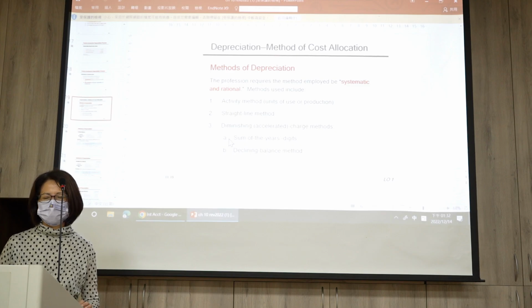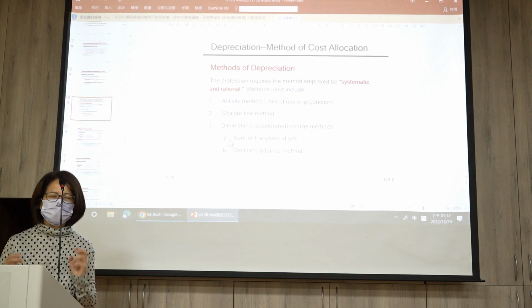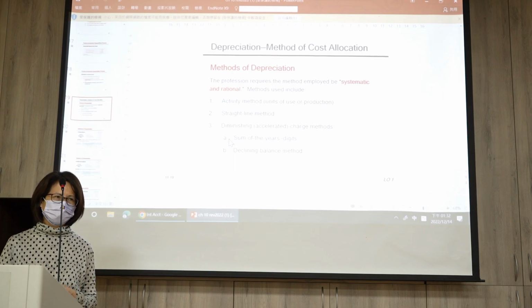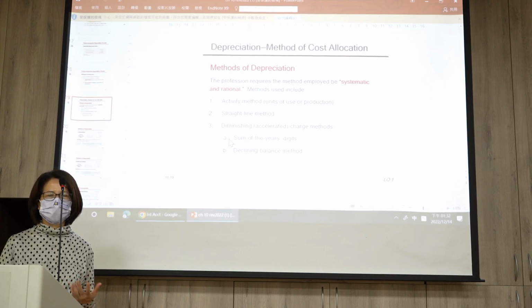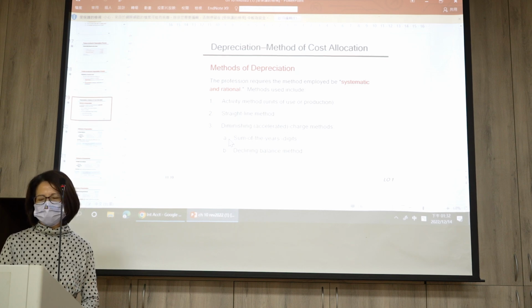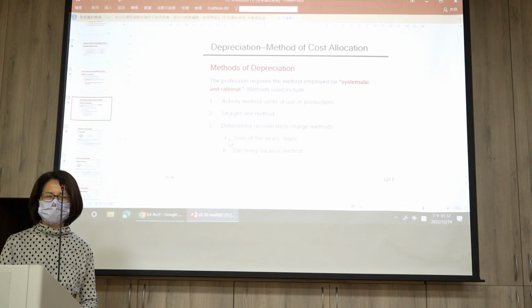If the value decreases based on activity, for example, how many units were produced or how many hours worked, that will affect the value of the PPE, then probably the activity method is better, right?